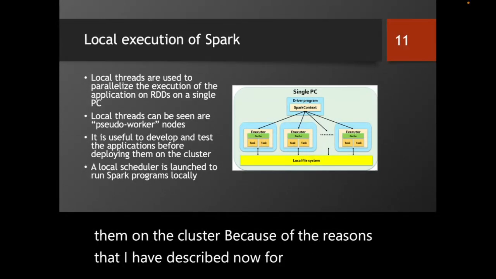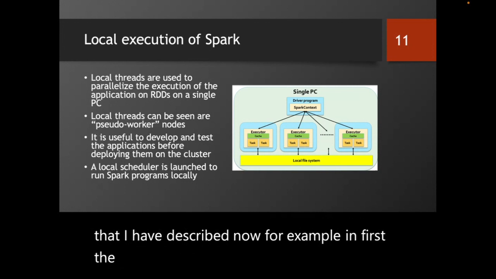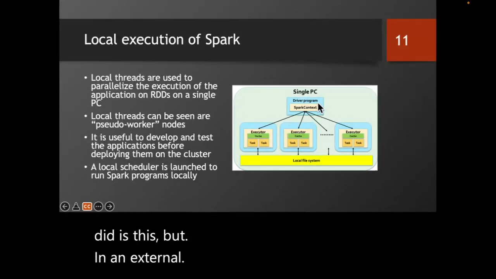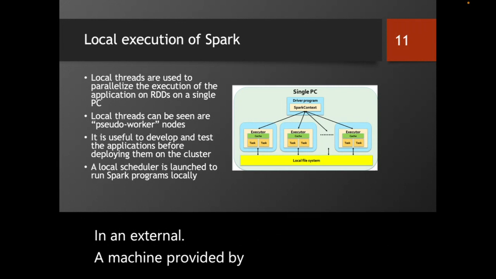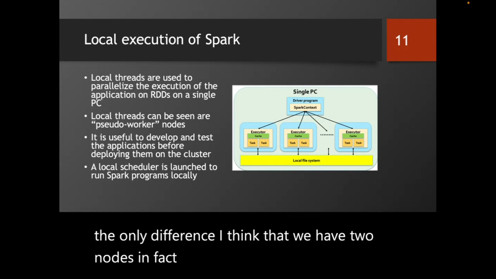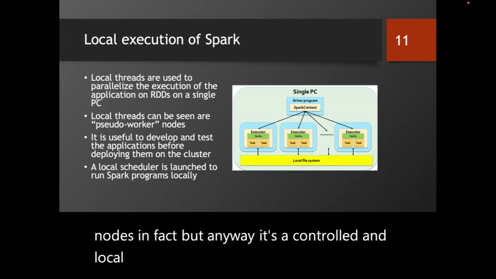For example, in the baby steps of the lab on Tuesday, what we did is this, but on an external machine provided by Colab, right? The only difference, I think, is that we have two nodes, in fact. But anyway, it's a controlled and local setting with respect to what we have seen. Okay.